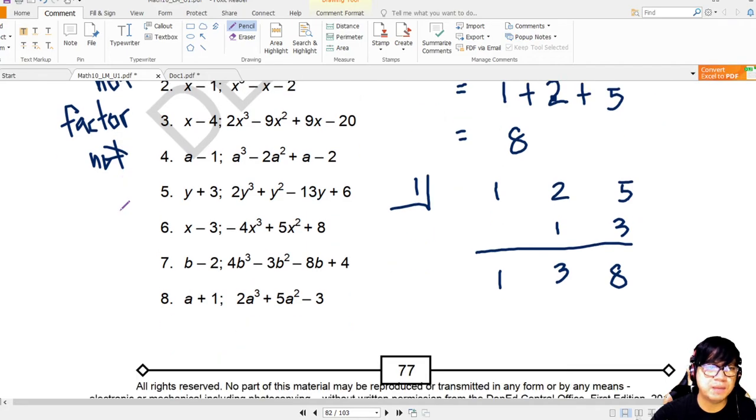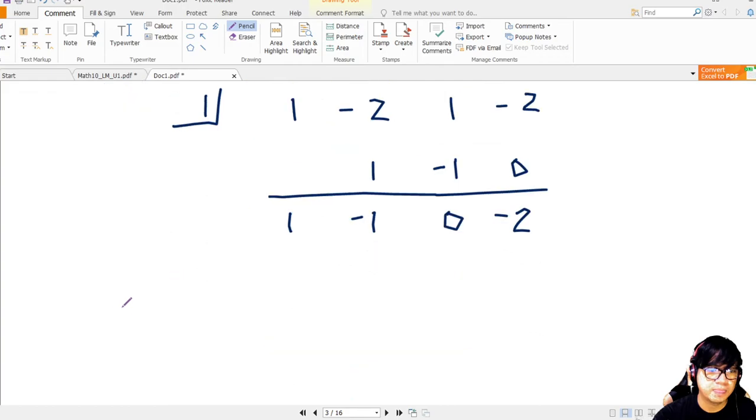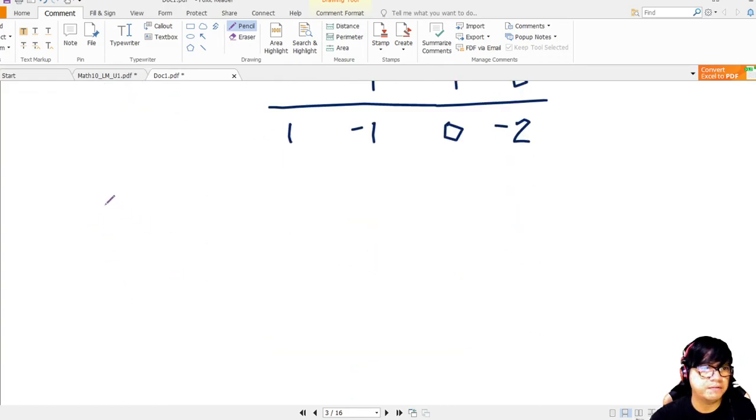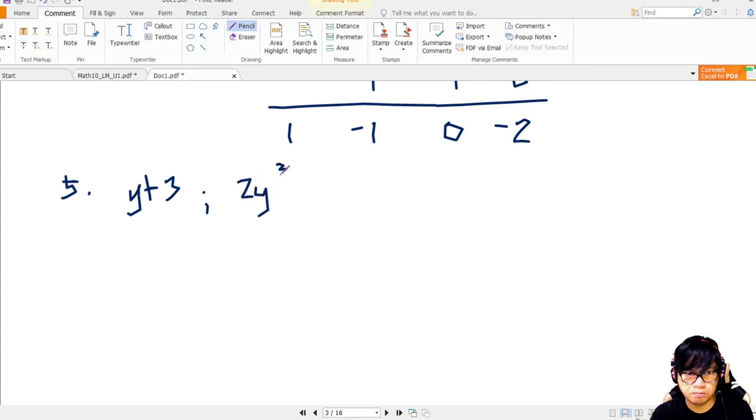And let's proceed to number 5, the last number. Number 5. So we have number 5, y plus 3, 2y cubed plus y squared minus 13y plus 6.